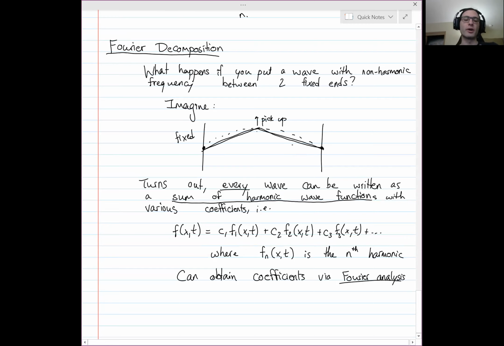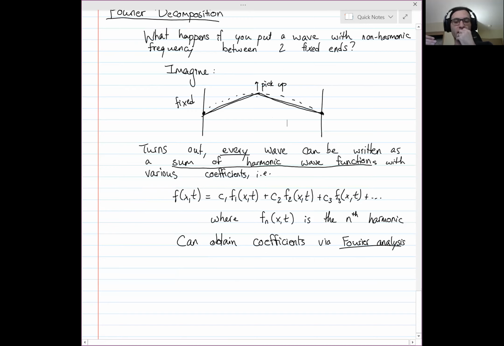But that still won't be quite right because that will raise up one side and lower the other side. So how do we lower one, and hopefully you guys get the idea that you're basically just adding more and more of these waves to more closely approximate the wave that we're doing, and in the limit where you have all of the harmonics, you get precisely the wave function that you started with.